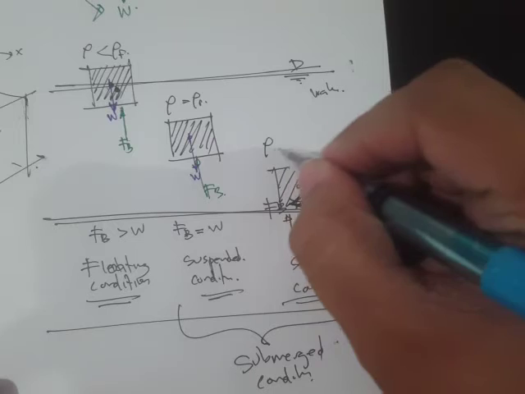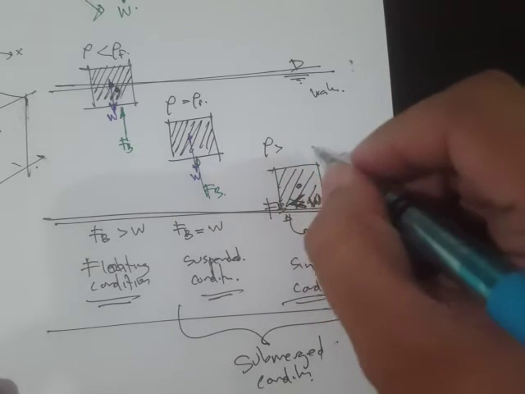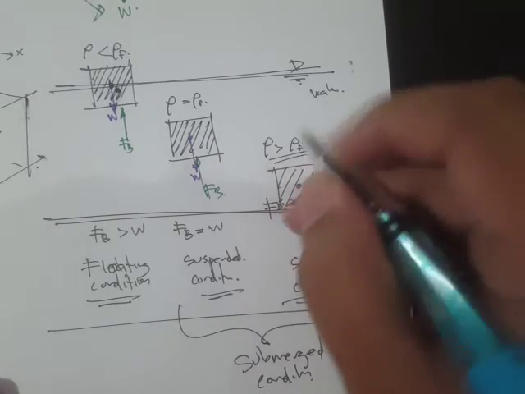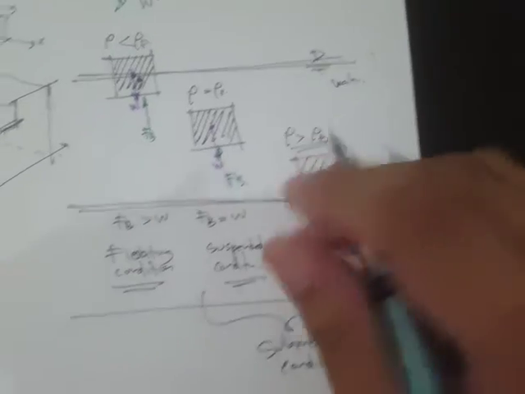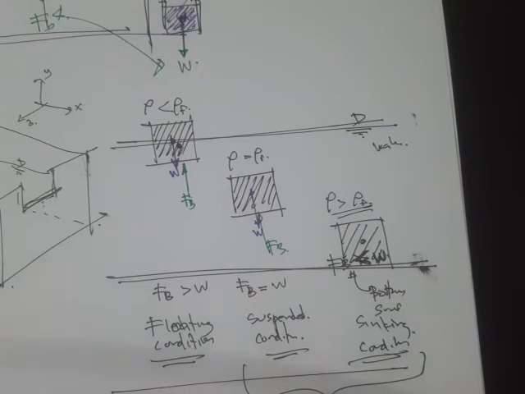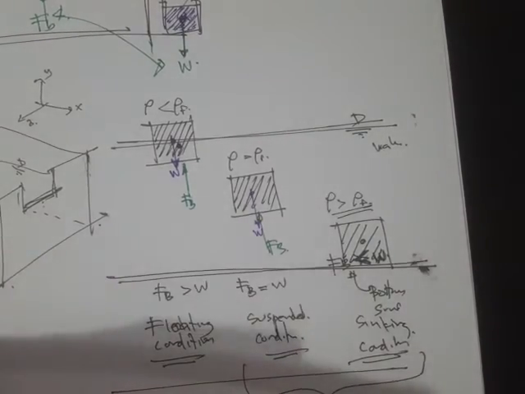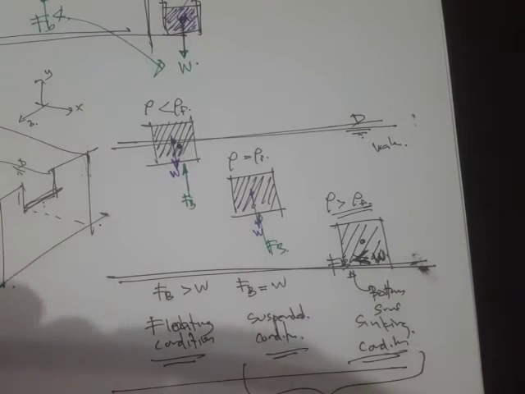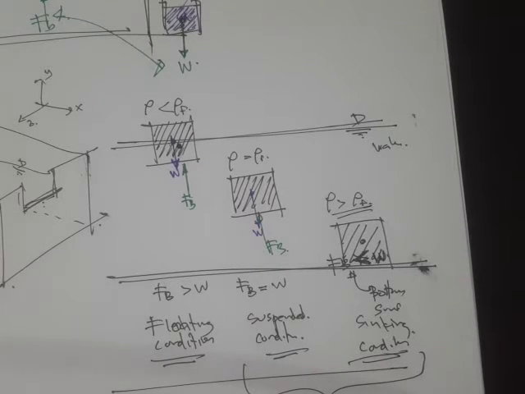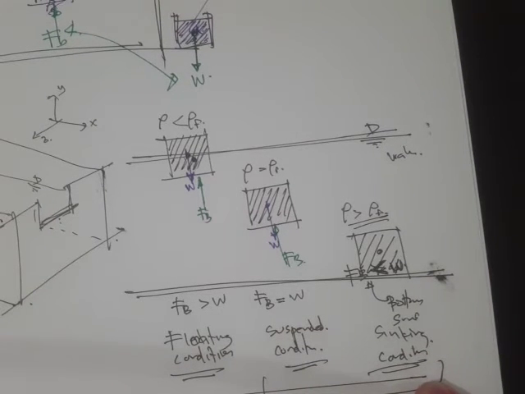And if the density is larger than the density of the fluid, then of course it's going to sink. This principle of buoyancy is applied to ship design, air balloon designs, and similar applications like floaters.